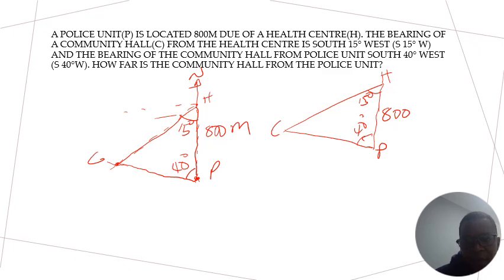You can find this angle using the angle sum of a triangle: 180 degrees minus 40 minus 15. That's 125 degrees. It's just a sketch.